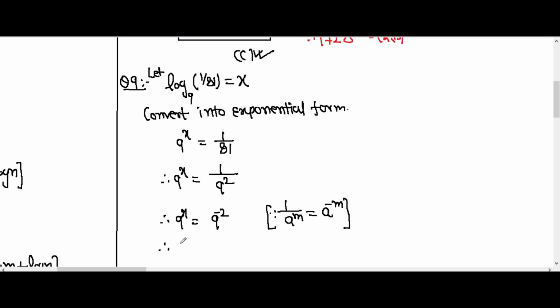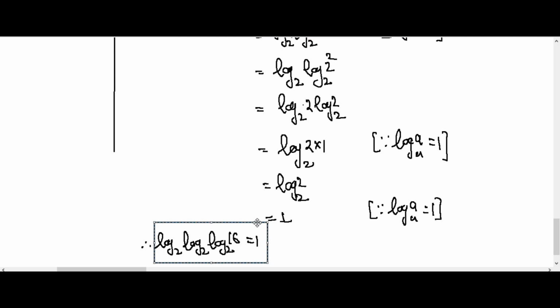Next we have log 2 into 1, that is log 2 at the base of 2 is again 1. So once again, since log of a at the base of a is equal to 1, therefore log at the base of 2, log at the base of 2, log at the base of 2 of 16 is equal to 1. So this is how the solution comes out. Next question number 12, and C is the correct option.